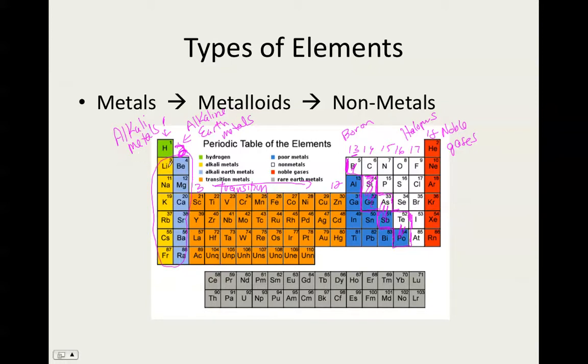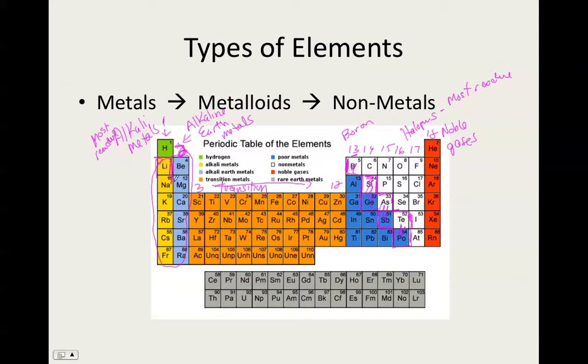The alkali metals are the most reactive metals, alkaline earth metals the second most reactive metals. The halogens are the most reactive nonmetals, and the oxygen group is the second most reactive nonmetals. So the alkali metals are the most reactive metals.